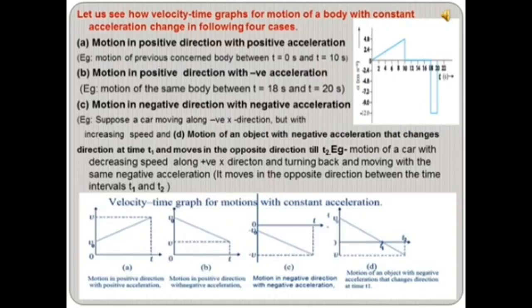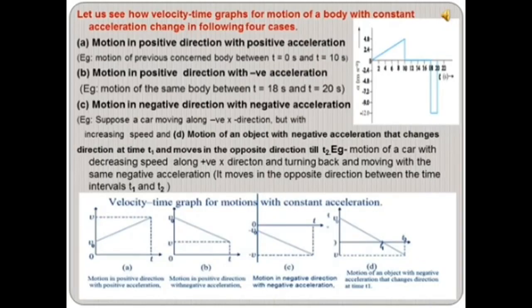That is, it moves in the opposite direction between the time intervals t1 and t2. Which means that the car direction will be changing after the time t1, which will be continued till t2.